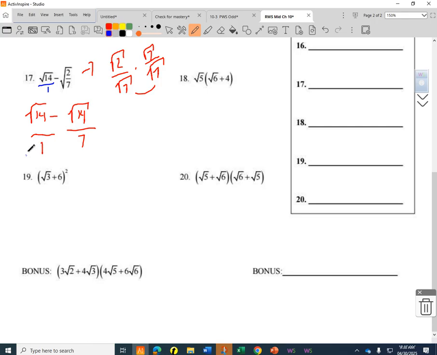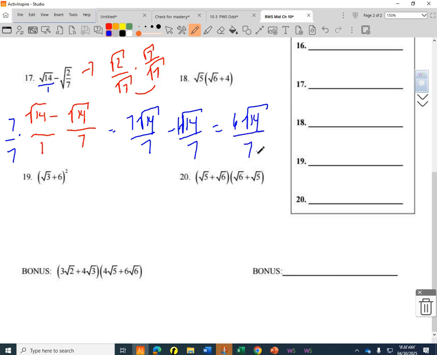All we have to do is multiply both of these by 7. So now we have 7 square root of 14 over 7 minus square root of 14 over 7. And we have 7 minus 1 square root of 14 all over 7. Does that make sense?